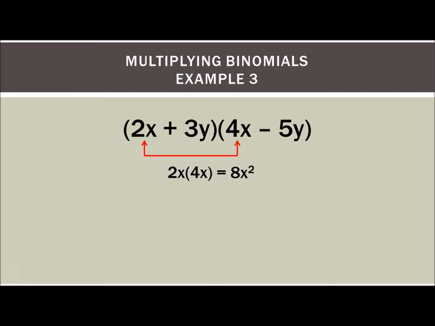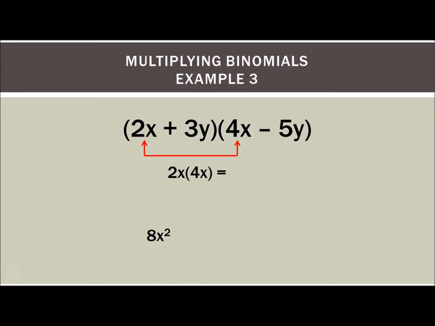So you have 2x times 4x is equal to 8x squared, because 2 times 4 gives me the 8, and x times x is like x to the first, so together that makes x to the second power. Okay, so I'm going to pull down my 8x squared.